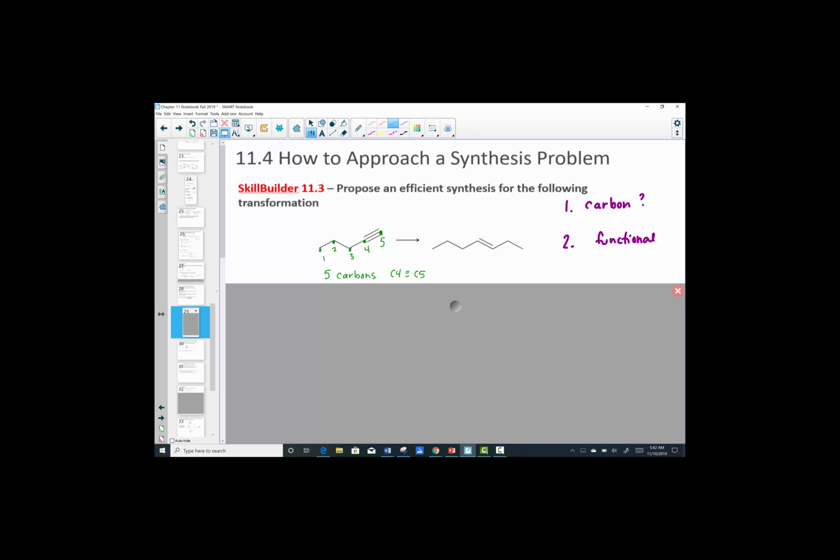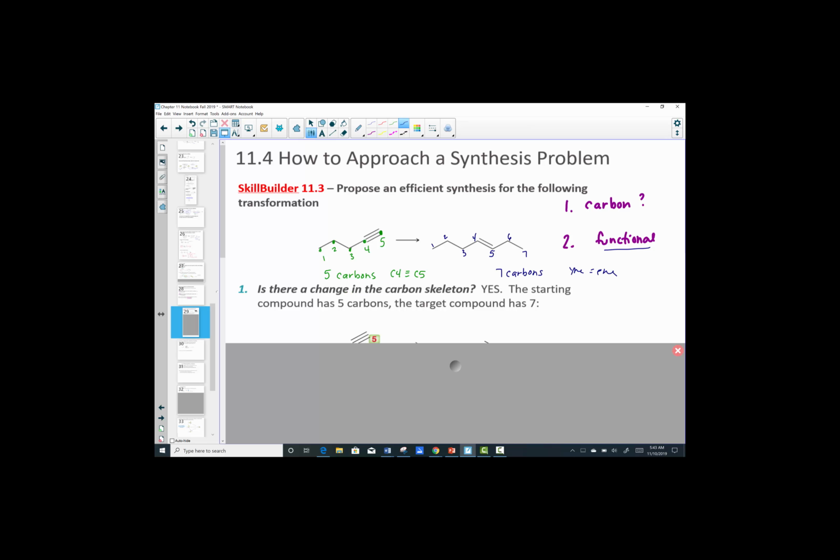Now what do we have on this side? 1, 2, 3, 4, 5, 6, 7. So now I see that we added 2 carbons, but notice that the functional group between carbon 4 and 5, is still in the same position, but it's gone from an alkyne to an alkene.